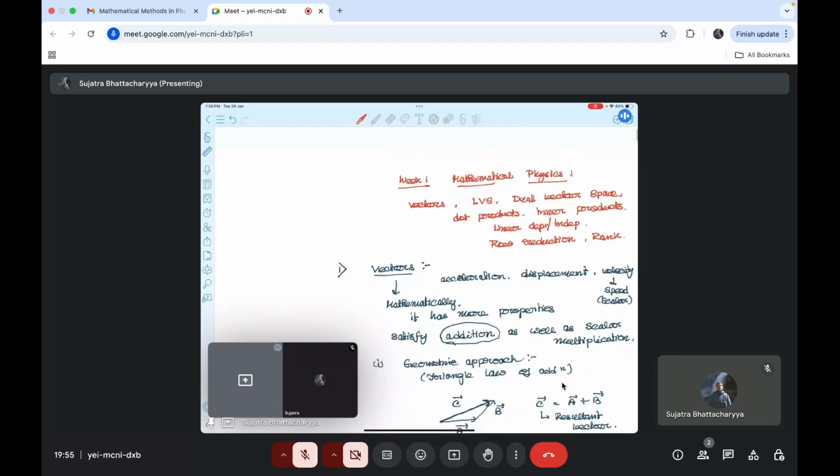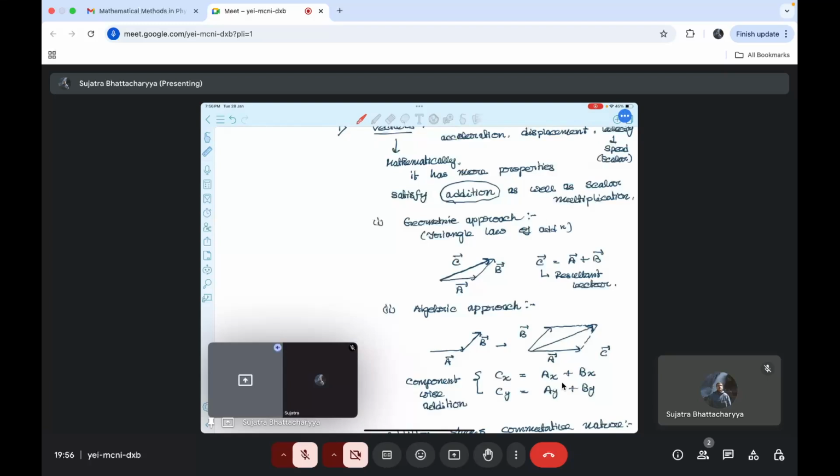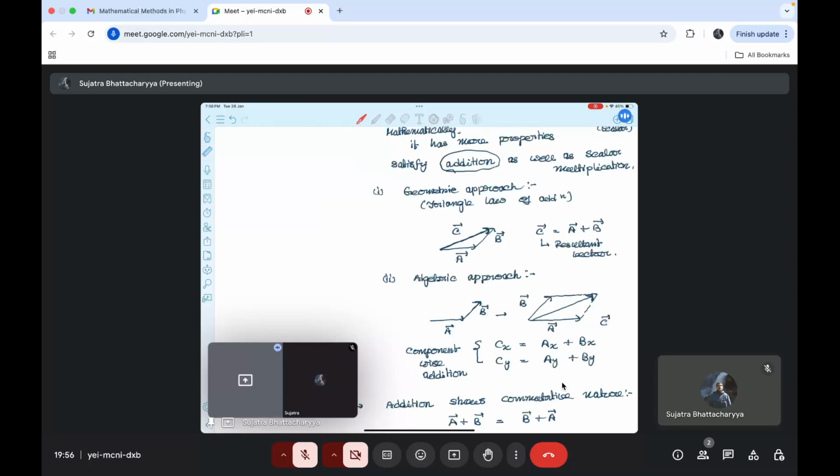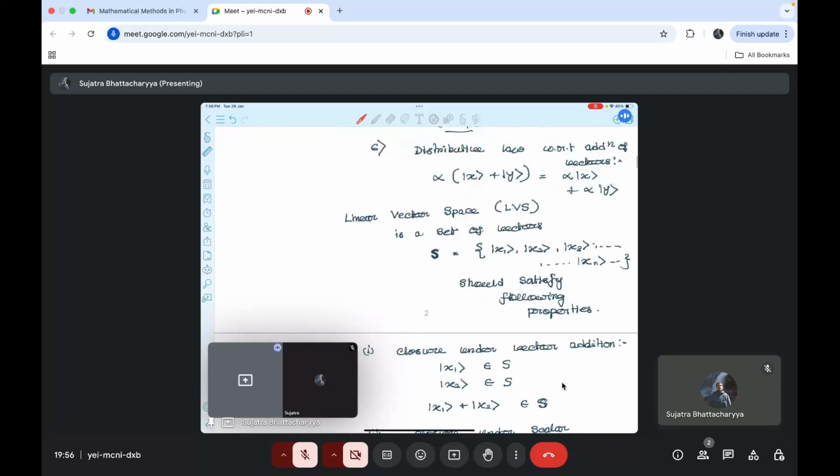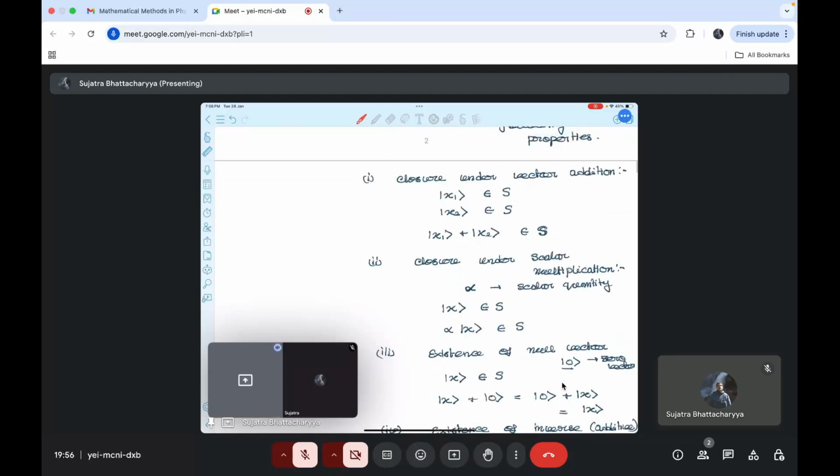So we started with the vectors. We have seen that mathematically in linear algebra, we need to satisfy many properties like addition, closure, scalar multiplication, distributive, commutative. So many properties are there which a vector must follow, along with the physical property that it should have its magnitude as well as direction. Then we have seen that a set of vectors can be called a linear vector space only when it goes under vector addition as well as scalar multiplication.